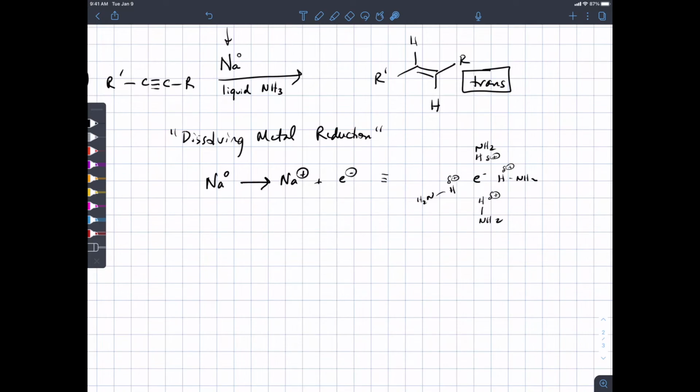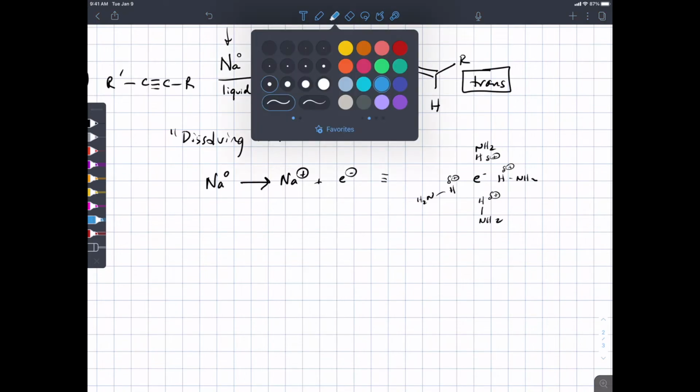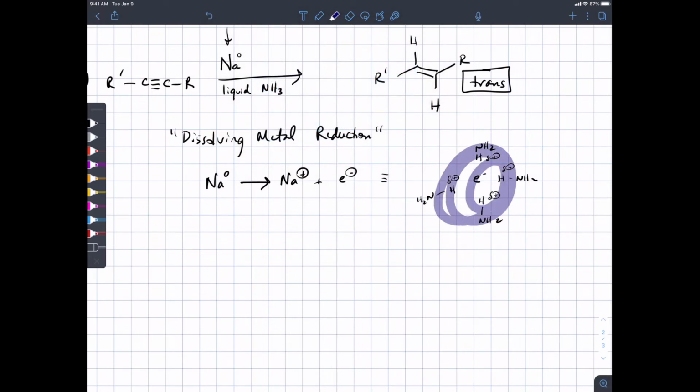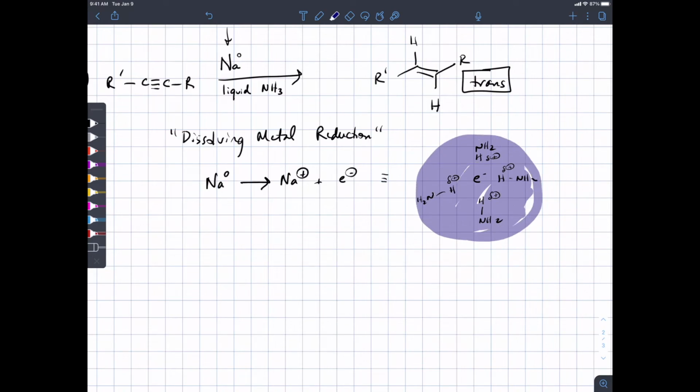And the cool thing about this is that situation has a color, and it's dark blue. And so if you look up the dissolving metal reduction and look for images of it, you're going to see a flask filled with a very deep, dark-colored liquid. And so if you ever wanted to know what color an electron was, that's not the actual color of the electron. That's just the color of the electron in ammonia, but it's kind of cool.